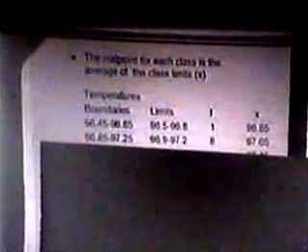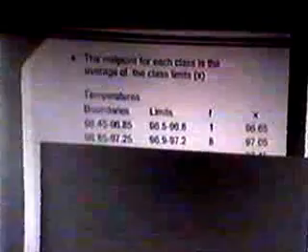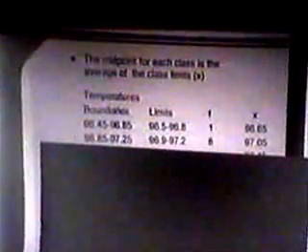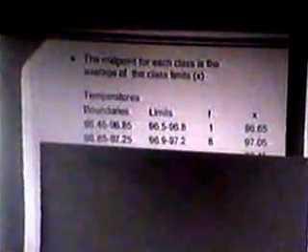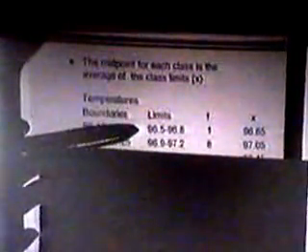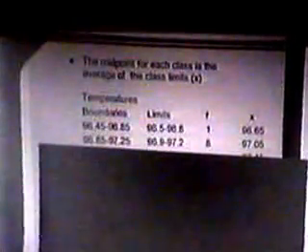And instead of doing this average all the way down the column, which takes a little bit of time to add them up and divide by 2, you might notice that the interval is the same between the midpoints. We said the class interval was 0.4. You can add 0.4 and get each one of your midpoints. After you find the first midpoint by adding these up and dividing by 2, you can just add the class interval.